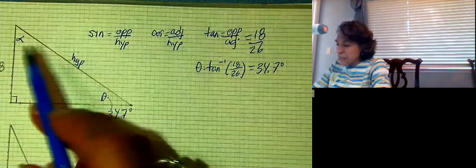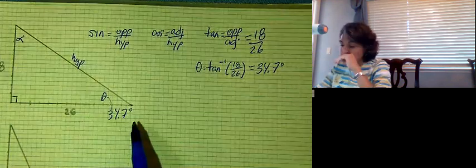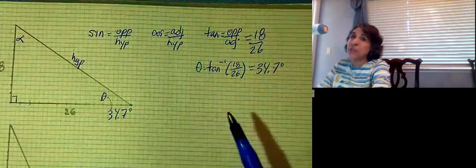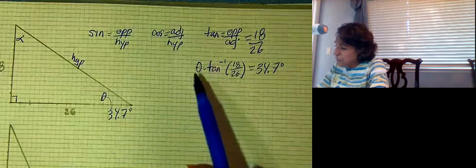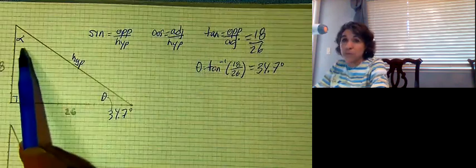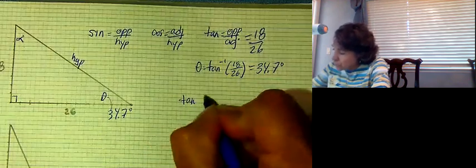For this angle here, it would just be 90 plus 34.7 subtracted from 180. But let's say you didn't remember that. I'm going to do it using the tangent of this one right here. Let's do the tangent of alpha.